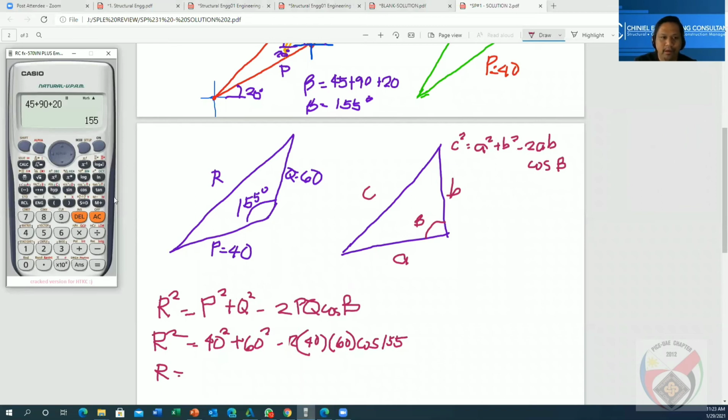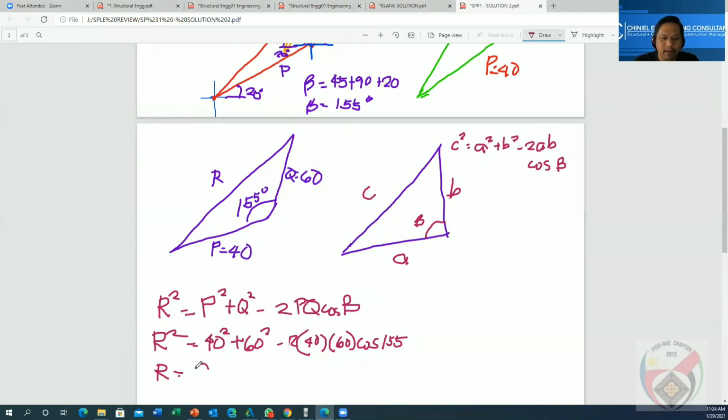Okay, so calculate natin. Mayroon na kayong sagutan, 97.73. So 40 squared plus 60 squared minus 2 times 40 times 60 cosine of 155. Equals, then the square root of the answer is correct.